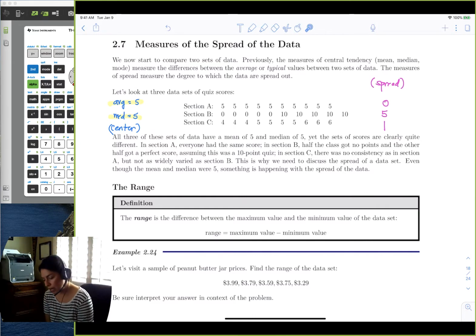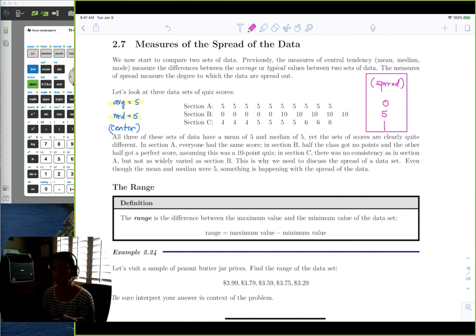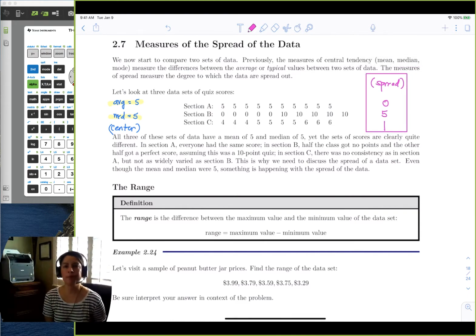So the spread is different on 3 different sets of data that have all the same average and median. This is why spread is so important to talk about, because we want to look at the data in its full transparency.